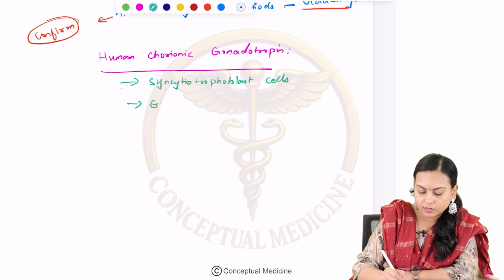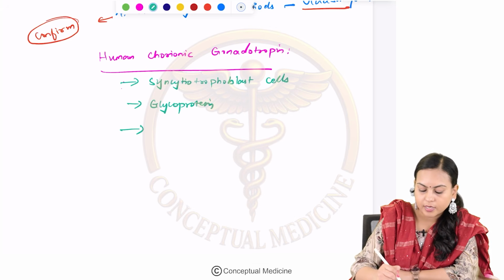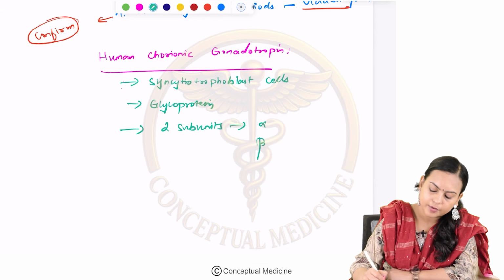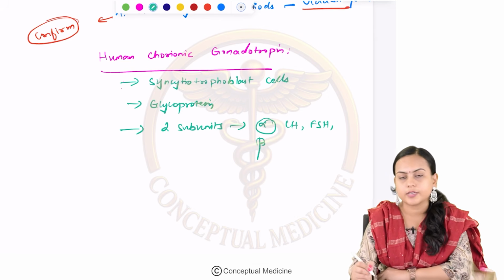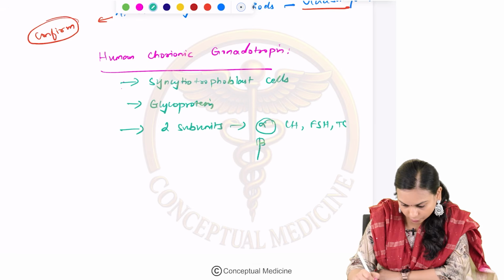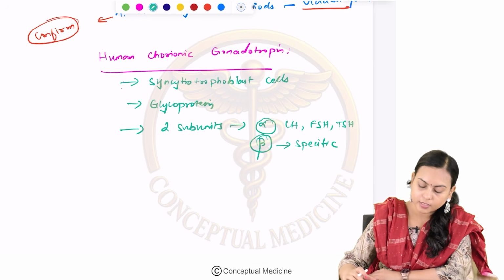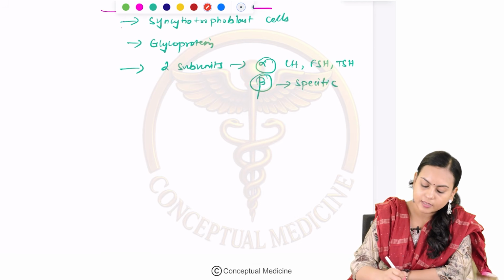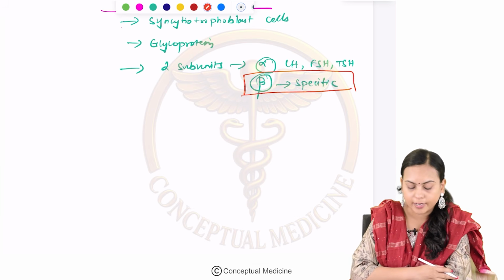This is a glycoprotein. It has two subunits, alpha and beta. Alpha is similar to other hormones like luteinizing hormone, follicle stimulating hormone and thyroid stimulating hormone. Beta subunit is specific only to this. So, basically in our diagnostic test, we are going to take this beta hormone only.